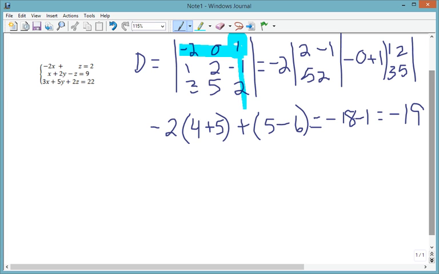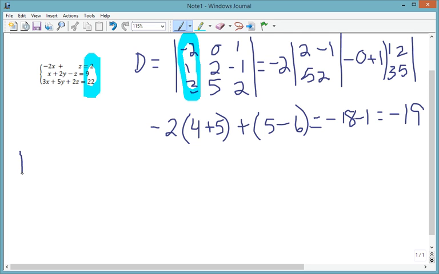So the way we do that is we use the same determinant that we started with for D, but when we're solving for x, instead of the x column, we're going to replace that with the answer column, and the answer column would be our answers, right? 2, 9, 22.